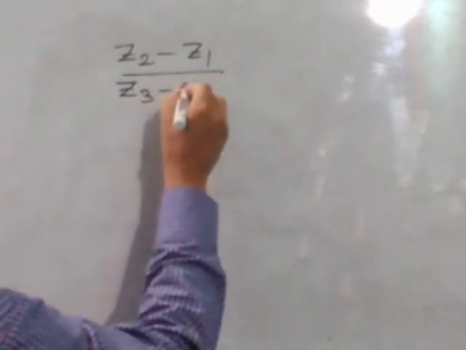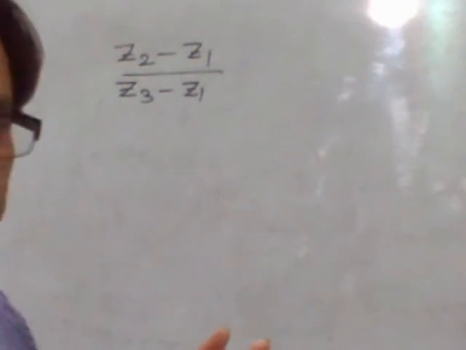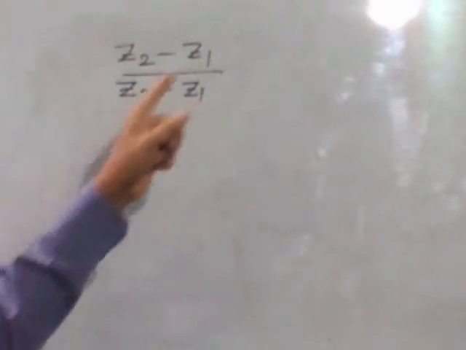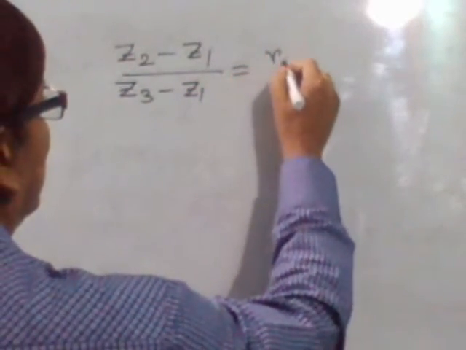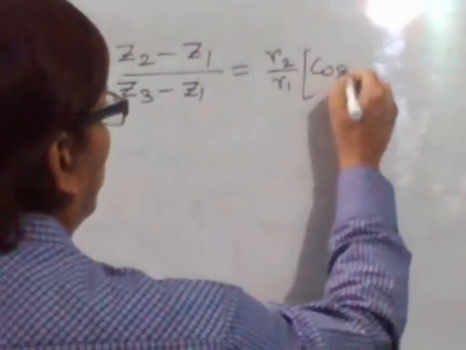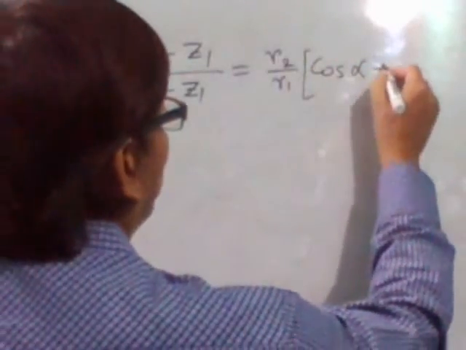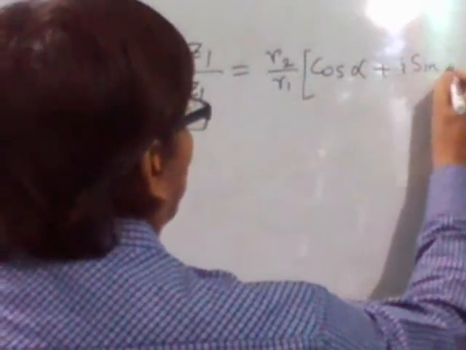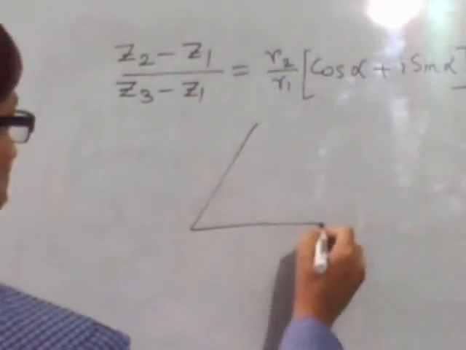That means we are finding the angle subtended at Z1. So Z2 minus Z1 by Z3 minus Z1 is equal to R2 by R1 into cos of theta 2 minus theta 1. Now we can write this as cos alpha plus i sin alpha, where alpha is the angle between them. So this will be the figure.